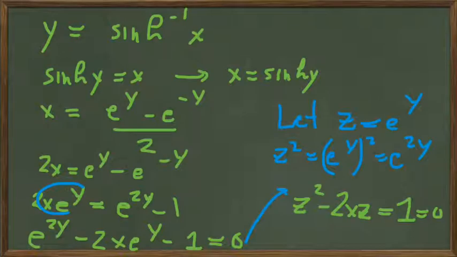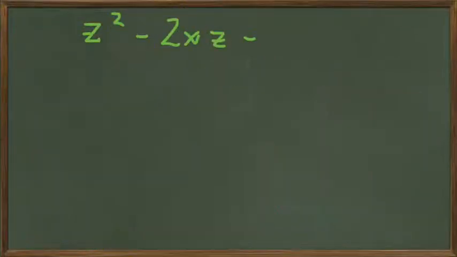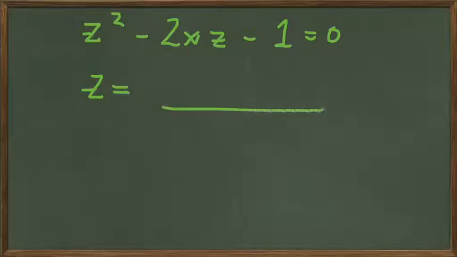And we're going to apply the quadratic formula to that. So z squared minus 2xz minus 1 equals 0. We're solving this using the quadratic formula in the variable z. So this right here is the coefficient of z, or actually the minus 2x is.